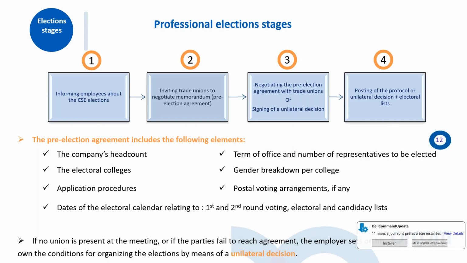So regarding the stages, this slide shows them for all the committees' elections, but on the next slide I will show you a specification regarding committees for companies with less than 20 employees. So regarding the stages right here, you see that first you have to inform your employees about the CSE elections.